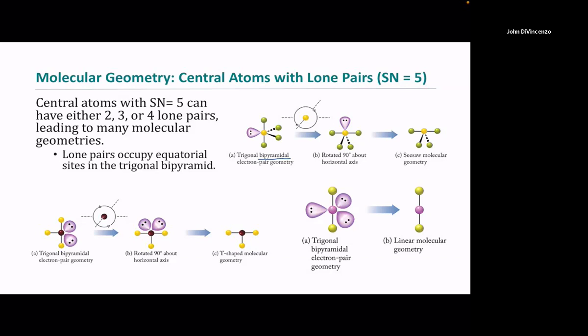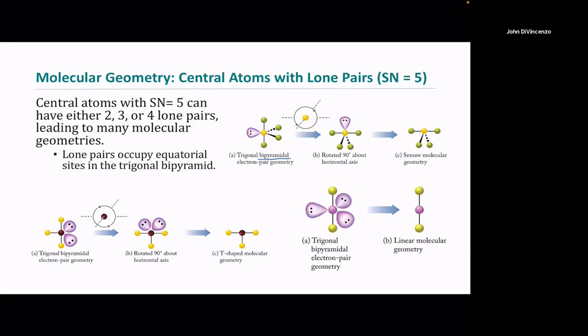So if you take one lone pair off, the key is you take it off from the equatorial position. Why? Because we're giving it more space this way.